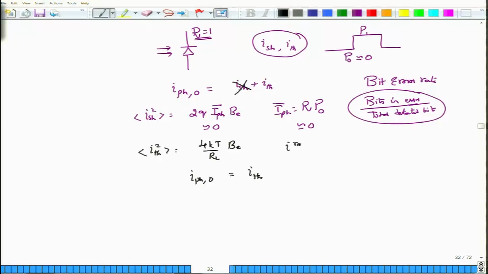The RMS value of the thermal noise is given by the square root of 4kT by R_L times B_E. Okay. So, this you need to remember. So, what you will get in the RMS values will be the RMS thermal noise. Okay. When you launch bit 1, so the I_PH1 RMS that you would receive will be both because of the photocurrent that has been launched.